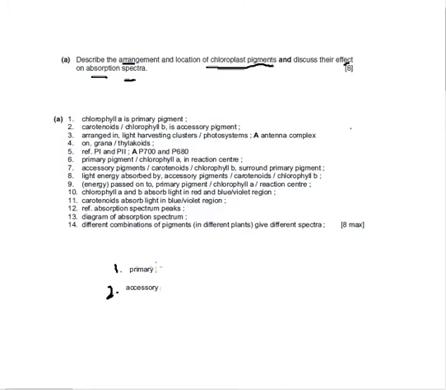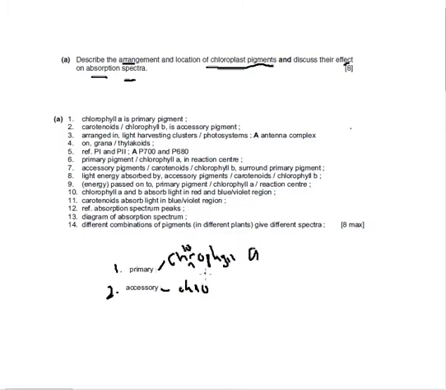And then under this primary we have chlorophyll A, and under accessory we have chlorophyll B, I forgot to give L here.